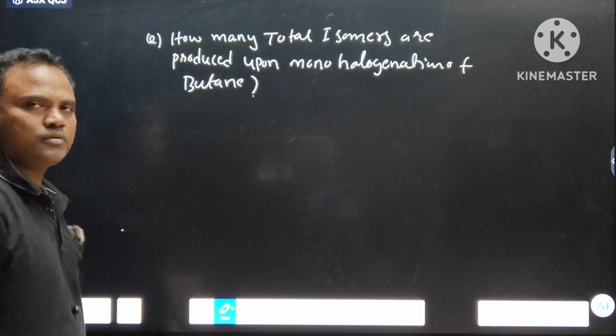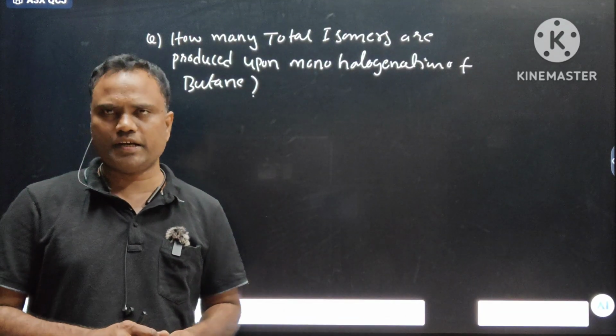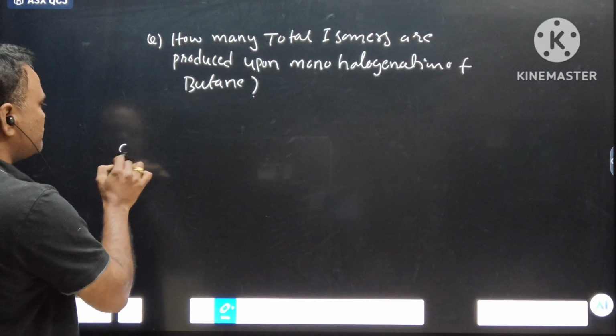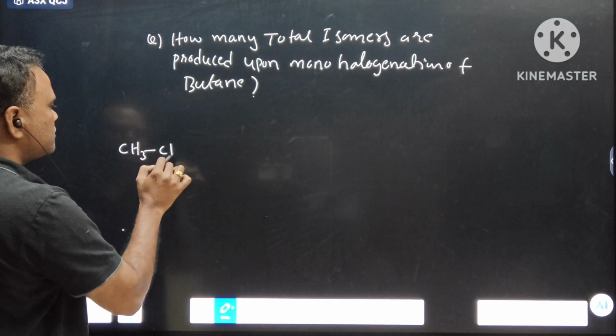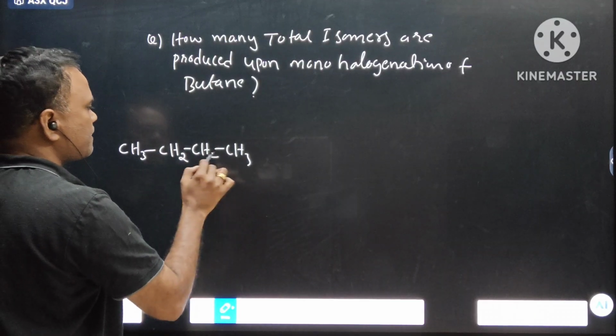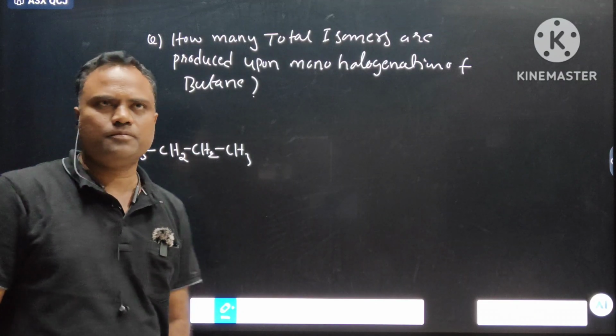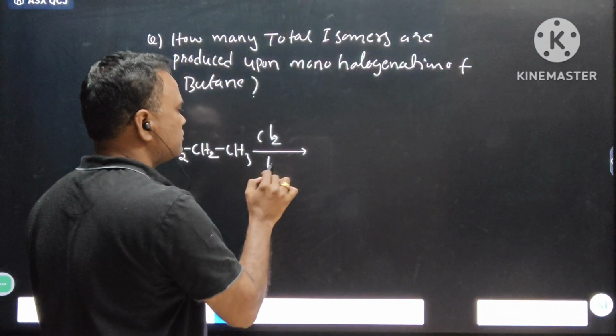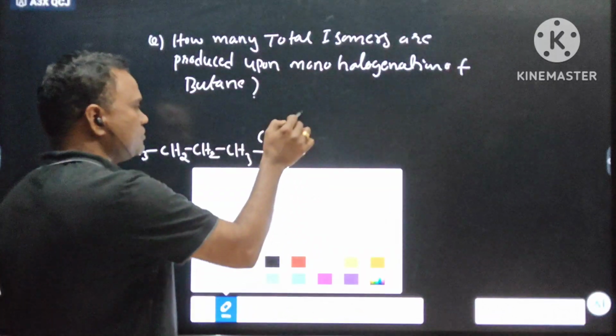First of all, look at this. All of you, stop writing and listen first. Okay? I'm taking butane. CH3, CH2, CH2, CH3. I'm doing monohalogenation, Cl2, light.